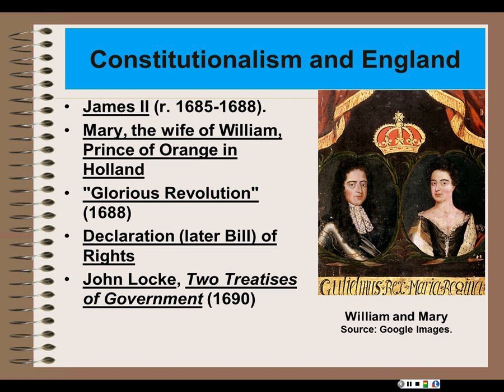Therefore, Protestants in England hoped that when James II died, his Protestant daughter, Mary, would rule England. But this was not to happen. James's first wife died in 1671.